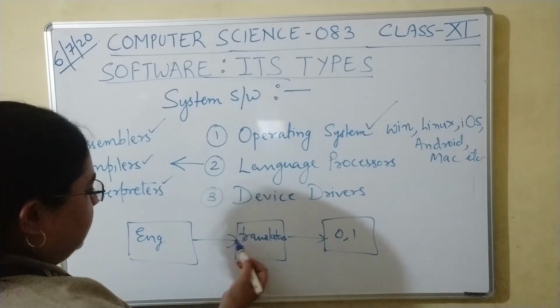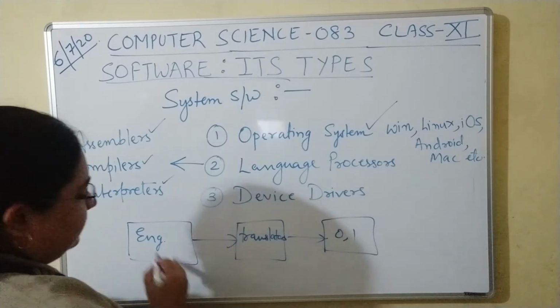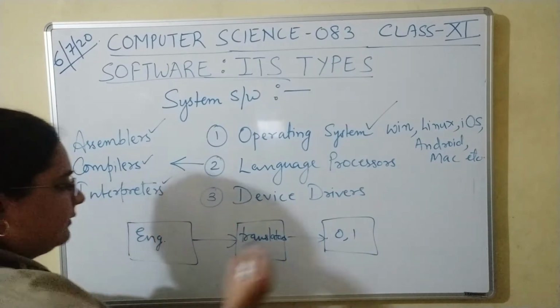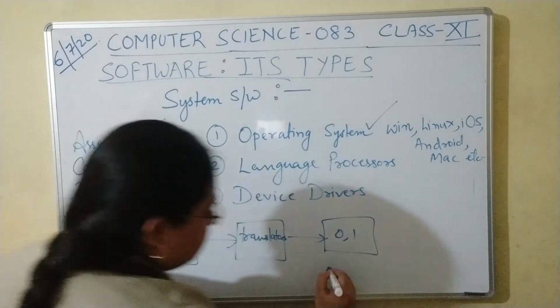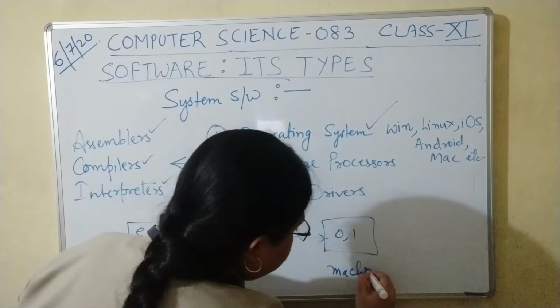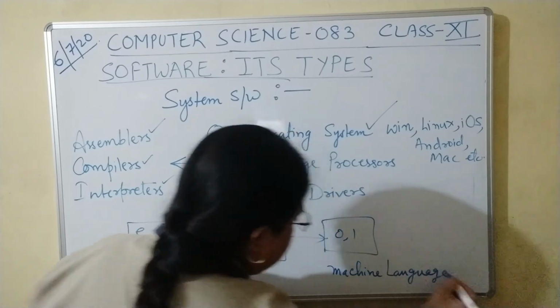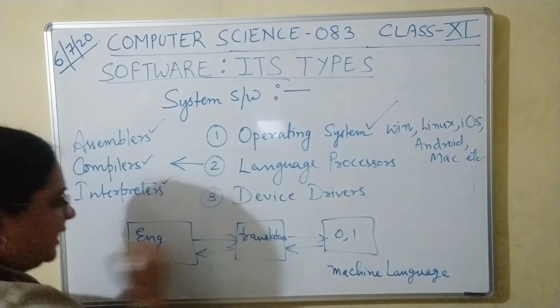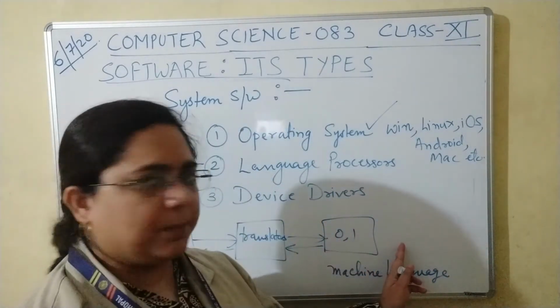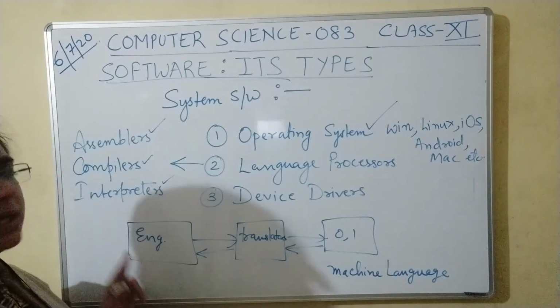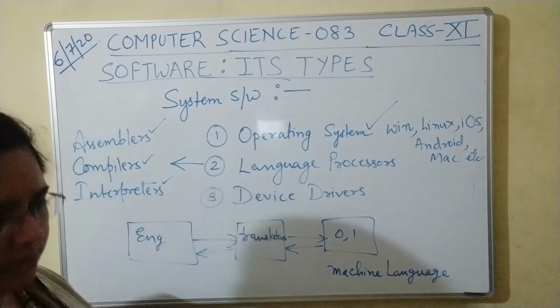Here these translators convert the instructions which you give in your language to the language of the computer, known as machine language, and vice versa. The result obtained after processing is converted back into your simple English language.